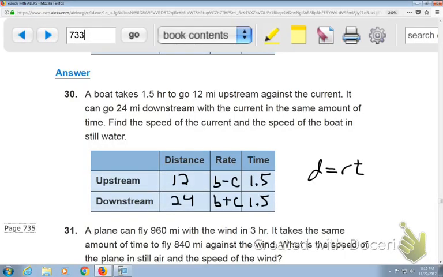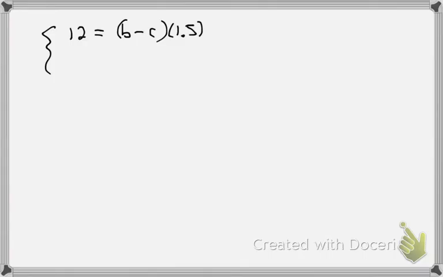And 24 should equal B plus C times 1.5. That was easy, right? Yeah, it should be 24 though.